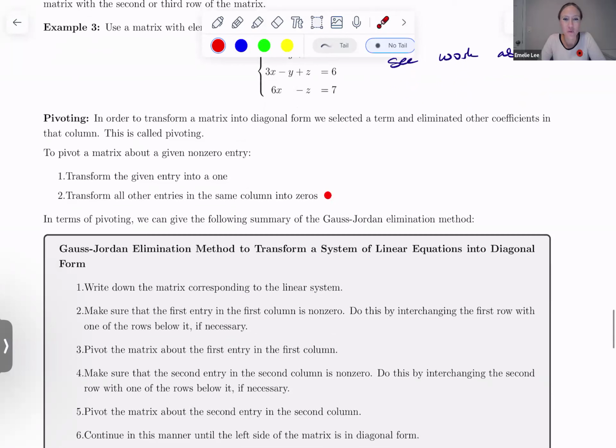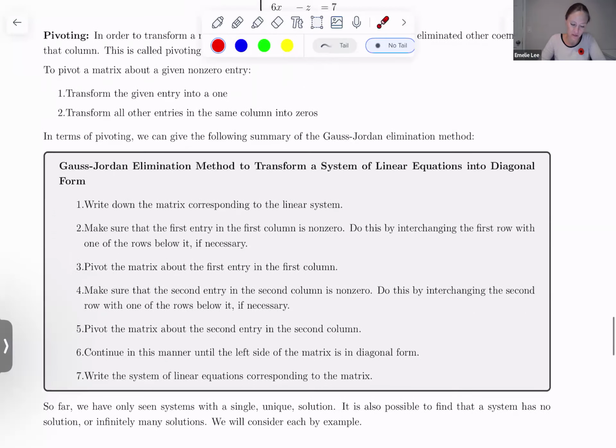But we transform all the other entries or coefficients in that column, sorry, into zeros based off of the one we're pivoting around. In terms of pivoting, what we're doing is Gauss-Jordan elimination, still, but with matrices.